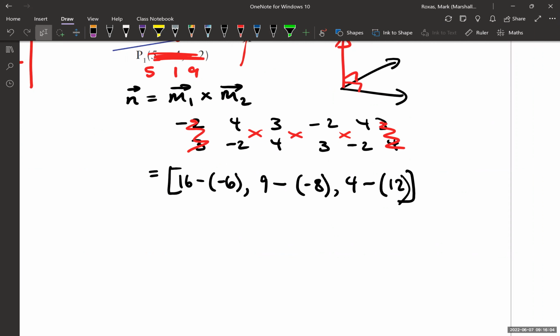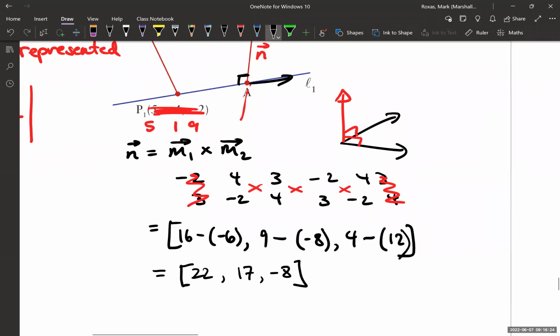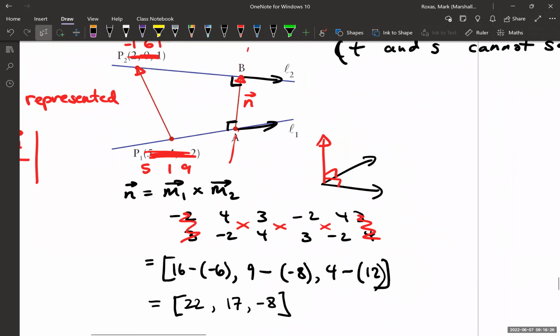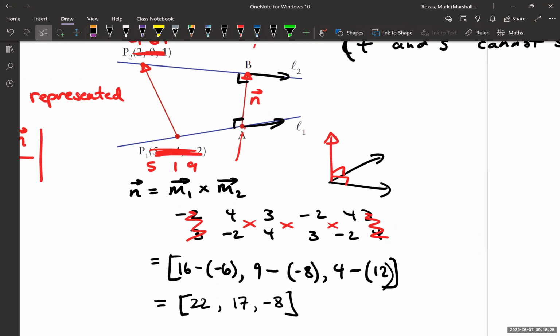Simplifying this, we get a normal vector of -22, 17, and -8. So that represents the normal vector, perpendicular between L1 and L2.